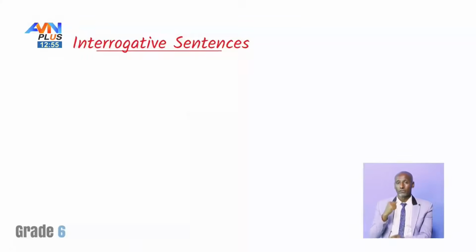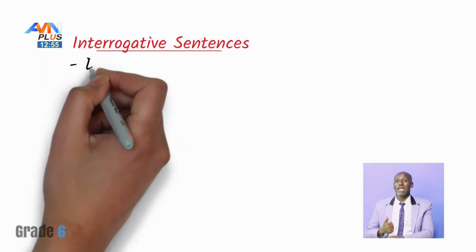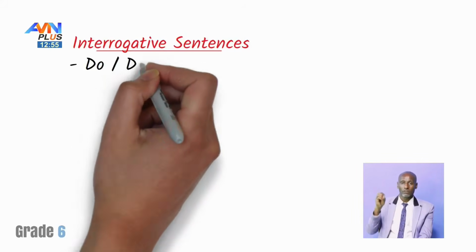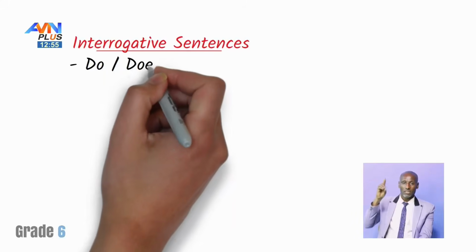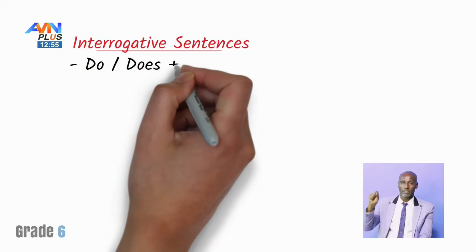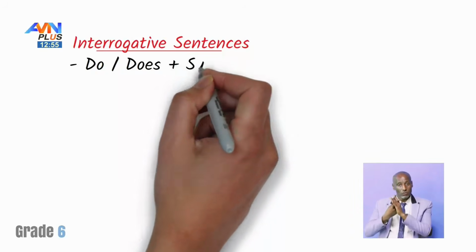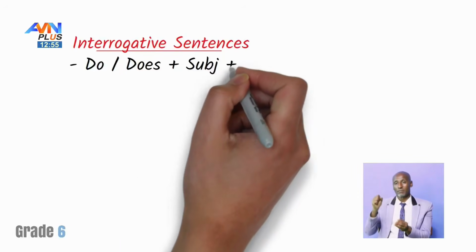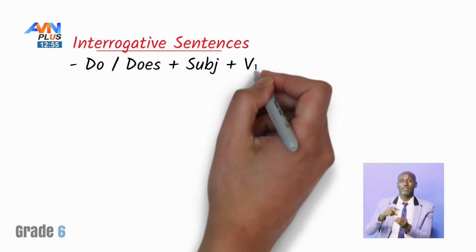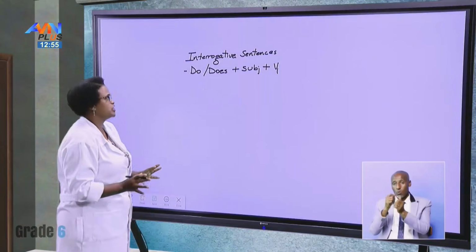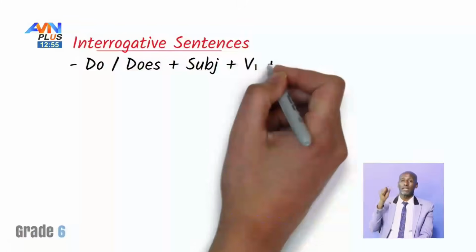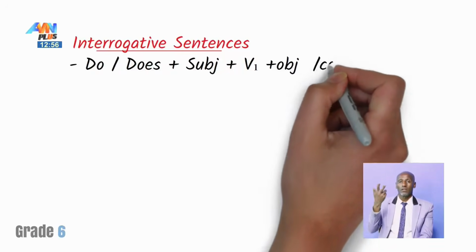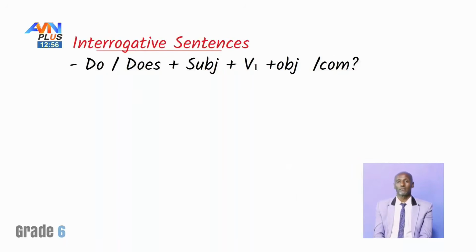So the form that we are going to use is do for the plural, including I, do, or does. Don't forget to begin with a capital. For the singular, it is does. Then plus subject plus verb 1 without s. No more s here because we are using what? Does. Okay? Then you will have object or complement, then question mark.